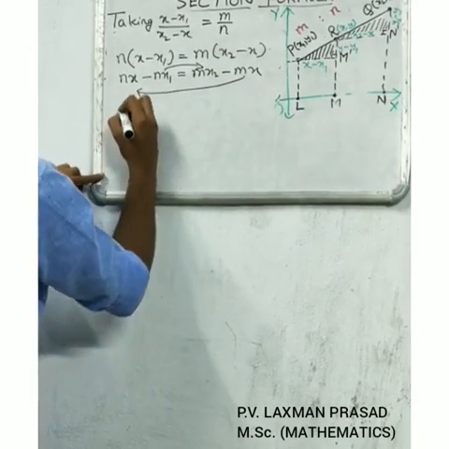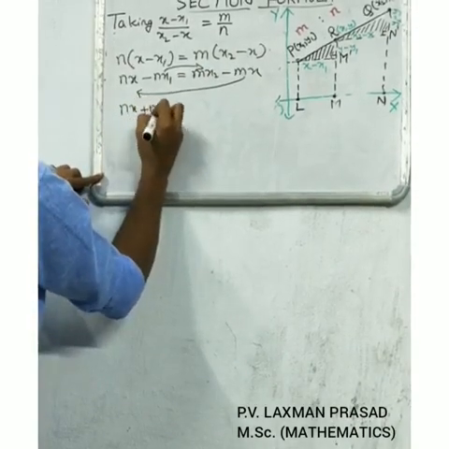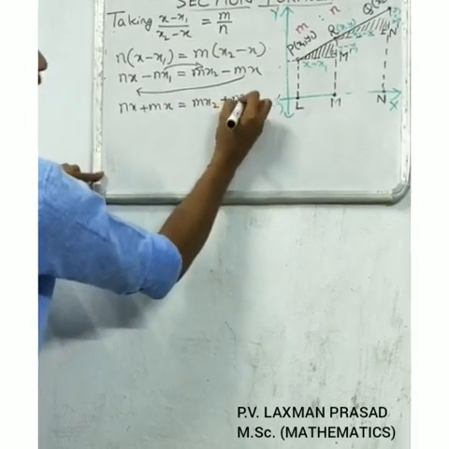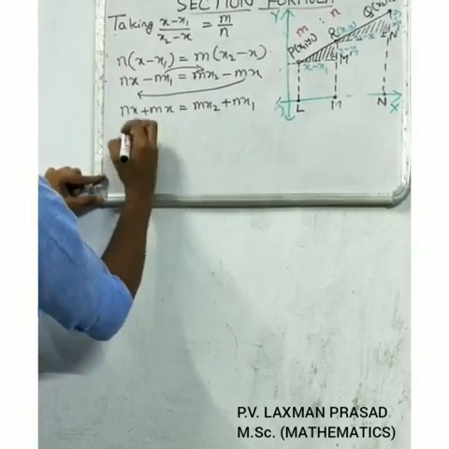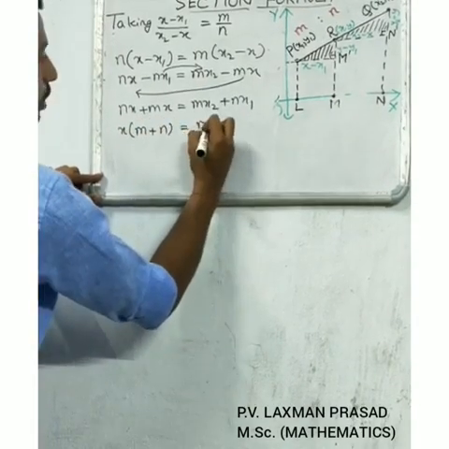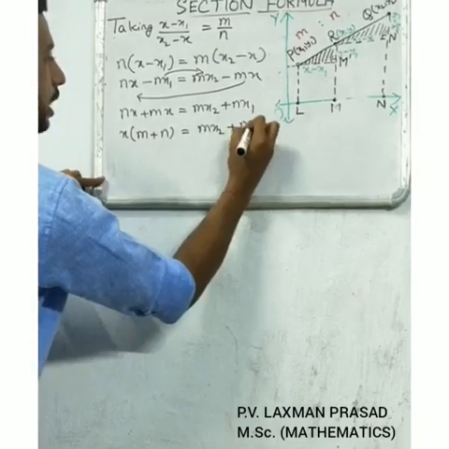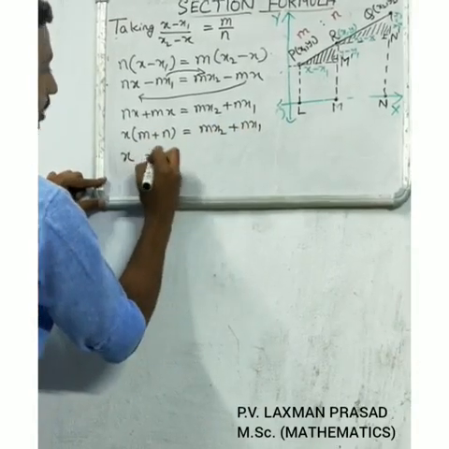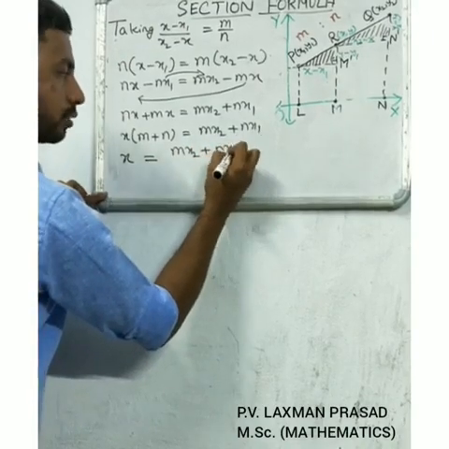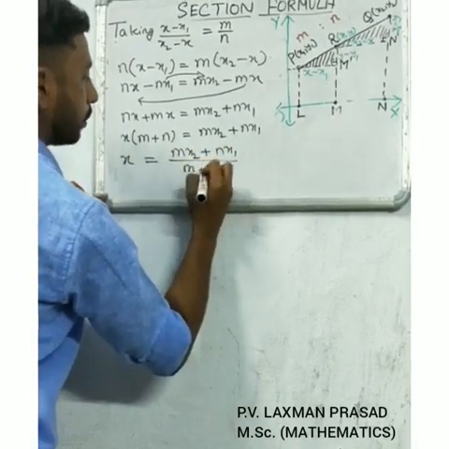So what we will get? nx plus mx is equal to mx2 plus nx1. Taking x common, (m plus n) x is equal to mx2 plus nx1. So what is x? x is equal to (mx2 plus nx1) by (m plus n).